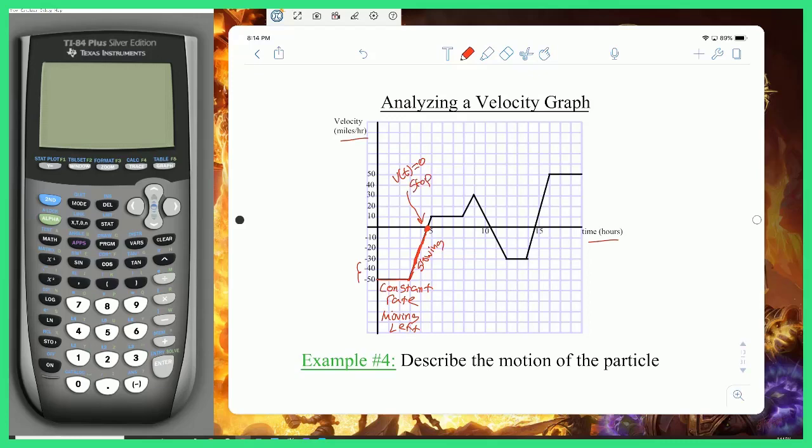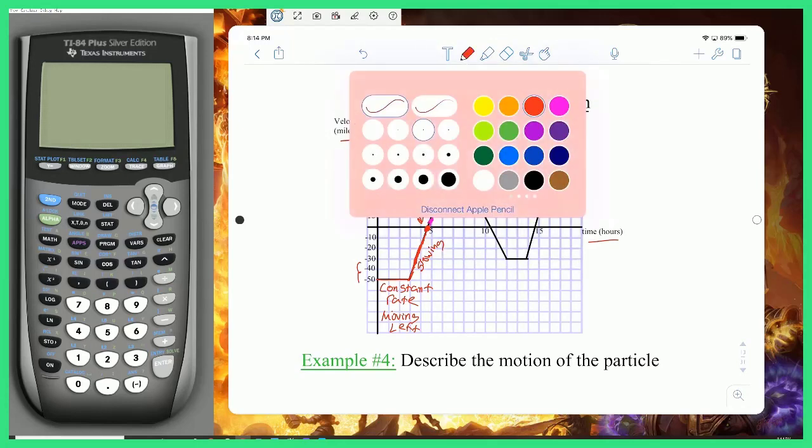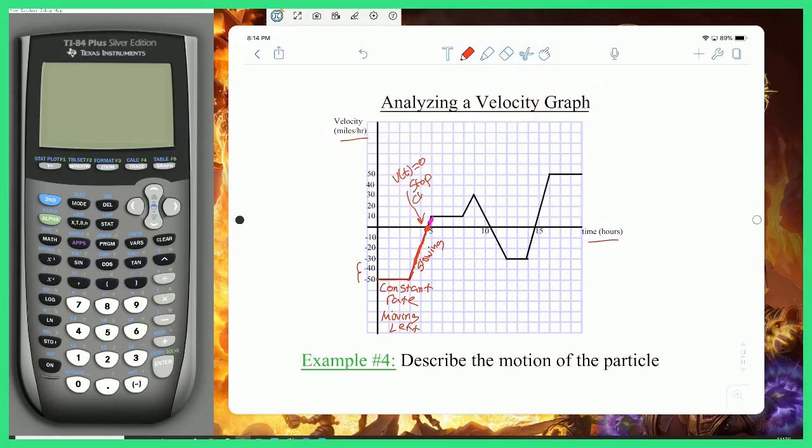Now, since my velocity function is going to change into a positive velocity now, I know that at that stop at t equals 5, we had a change in direction.